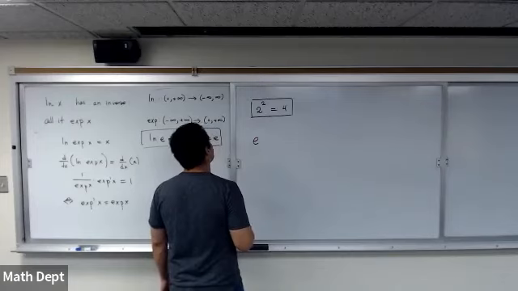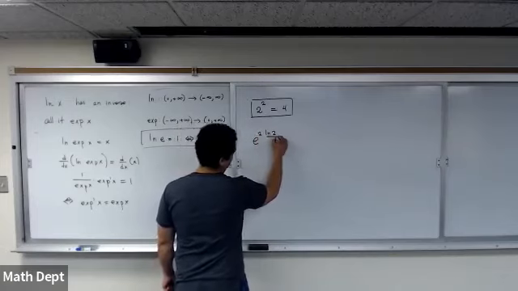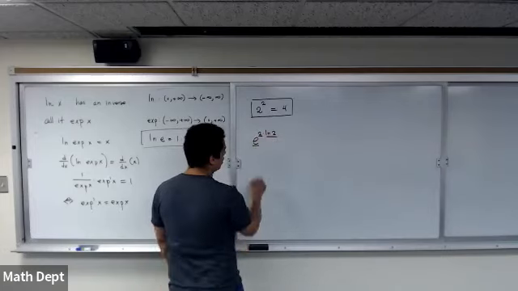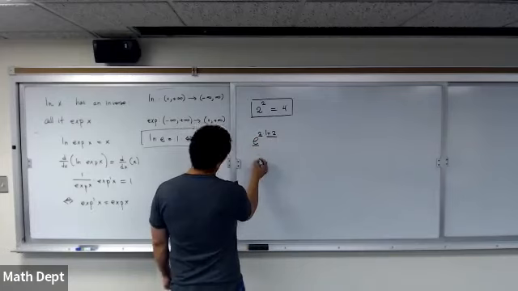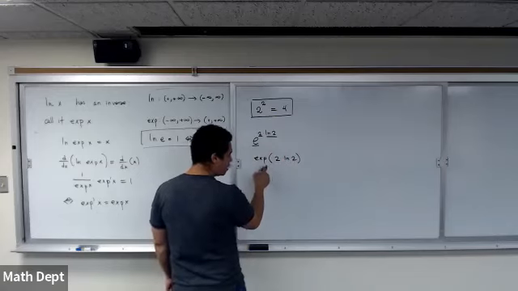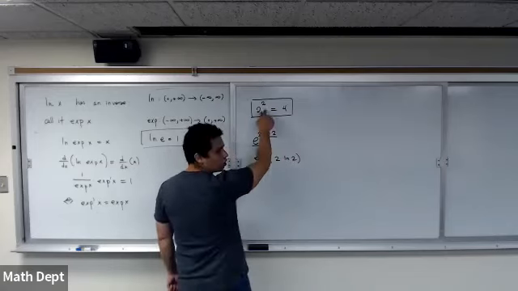Well, e raised to the 2 times ln of 2. Now this one exists. And this one doesn't exist. But we can make it exist. We can just say, well, x of 2 ln of 2. The question is whether this one that we have here is exactly this.